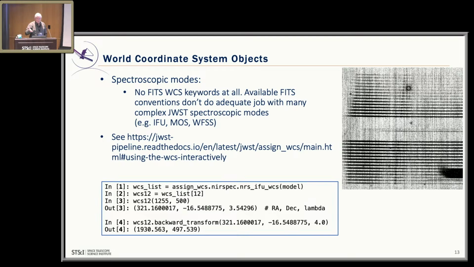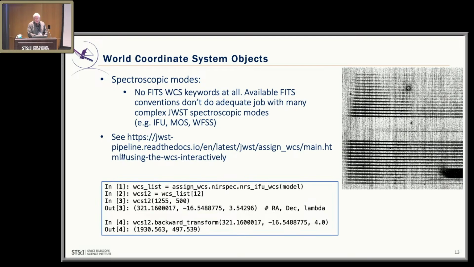And so there are special routines within the pipeline software, as you see in this example here, where you can load the list of WCS information first for all of the slices within a given image, and then you can pick out, say, one of those here. I've chosen the example of looking at the WCS associated with IFU slice 12. That's got a bounding box defined, isolated to slice number 12, wherever it sits within the image.